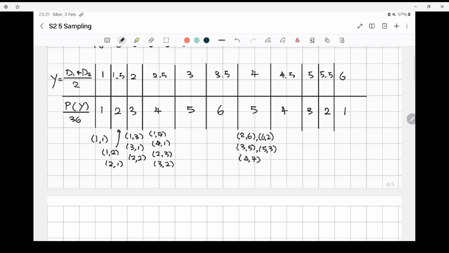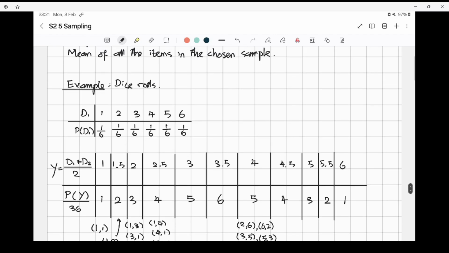If you sum up all these numbers, you'll find that this is 36. So 36 divided by 36, you get 1. So this is a valid probability distribution table. Now I have two probability distribution tables.